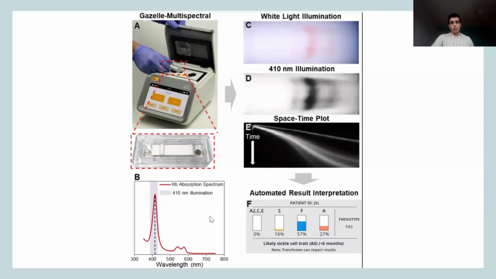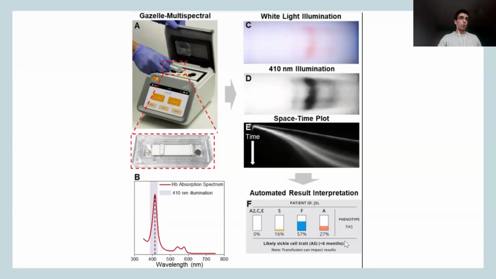The measurement is quite simple as well. It has two ways to read it: on a white light, where you can see visually the bands running, which gives you reassurance the assay is working, and then on a 409 nanometer illumination for quantification. A patented algorithm within the analyzer looks at the intensity of the bands and gives you a provisional result, which is the one down here, with a percentage of how much there is.